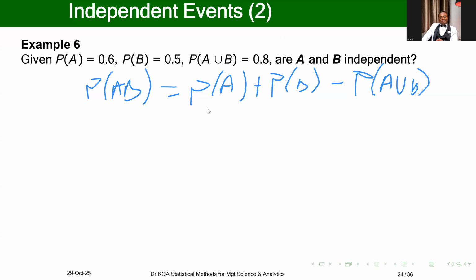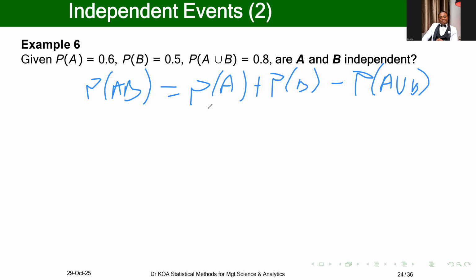Now the question was, are A and B independent? Now that you have the 0.3, you ask yourself, what is independence? Independence is when two events are usually said to be independent if their intersection equals the multiplication of their probabilities.